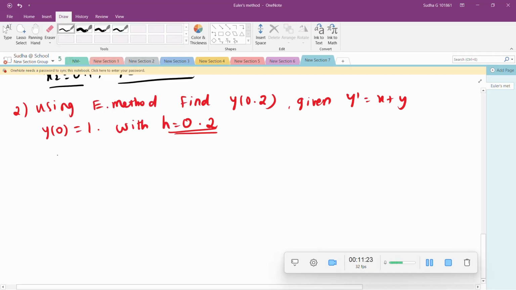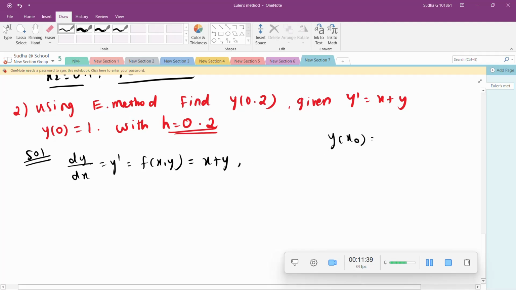So first you should write that given function. So dy by dx equal to y dash equal to f of x comma y equal to x plus y. So y of x naught equal to y naught, which is boundary condition for general form.